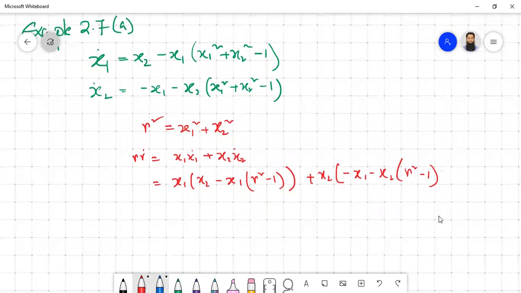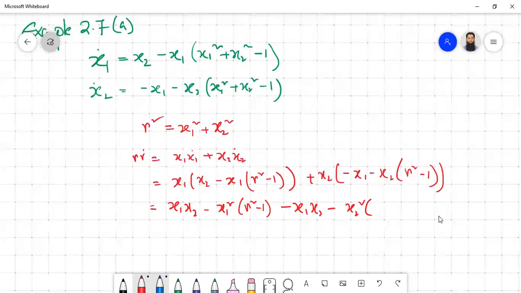So what we have here is basically x1 x2 minus x1 square (r square minus 1), then we have minus x1 x2 minus x2 square (r square minus 1).